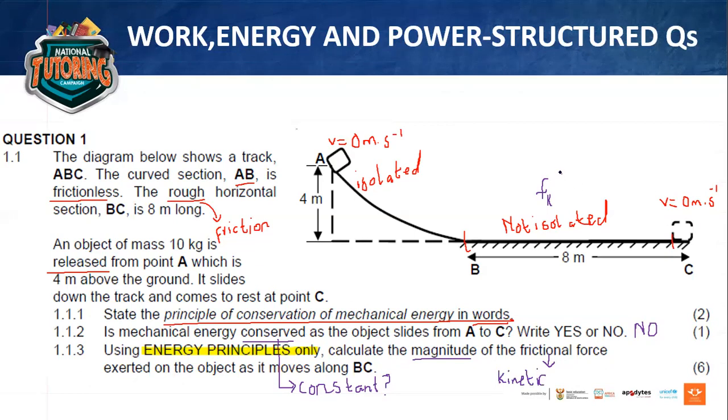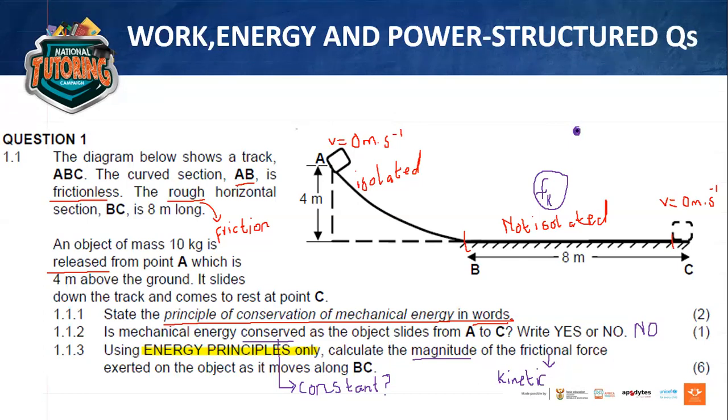Before we go further, my dear learners, you can't work with forces without a free body diagram. It is important that we draw one so that we understand exactly what is happening. Let us draw a free body diagram only along BC.